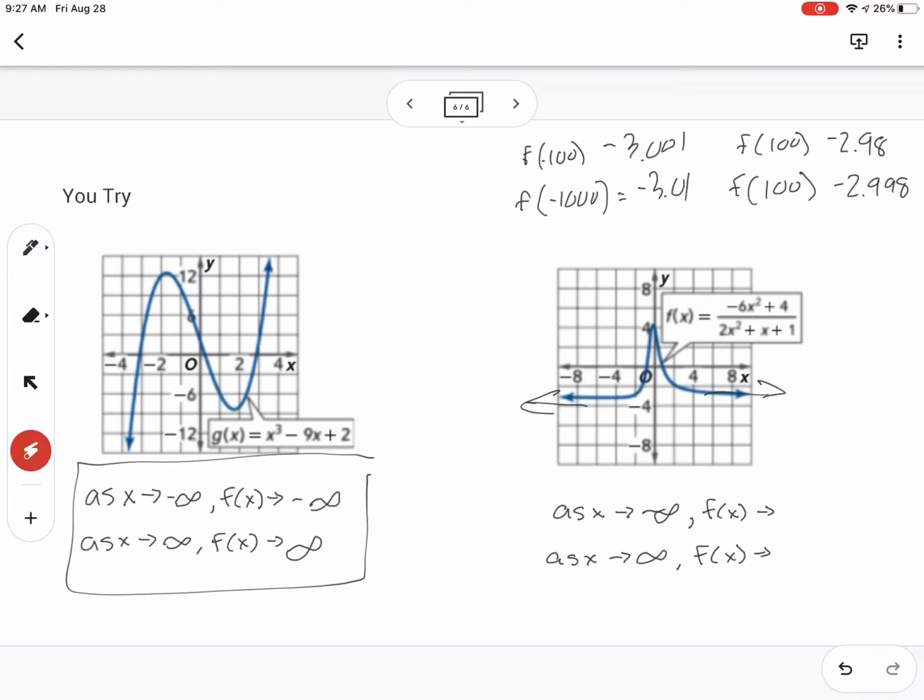Looking at our numbers, the negative side is getting closer and closer to negative 3. And on the positive side, we're also getting closer and closer to negative 3. All right. So there you go.